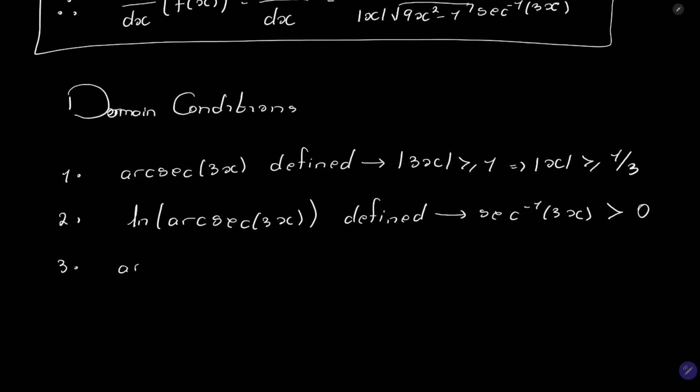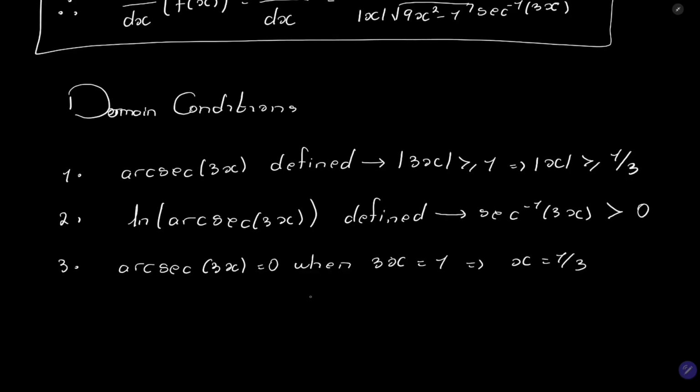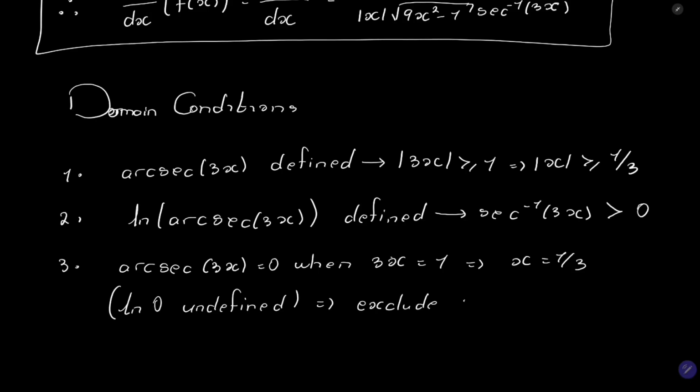Arc sec, the same thing as sec inverse of 3x, equals 0 when 3x equals 1, which implies that x equals 1/3. But ln of 0 is undefined, which implies that we exclude x equal to 1/3.